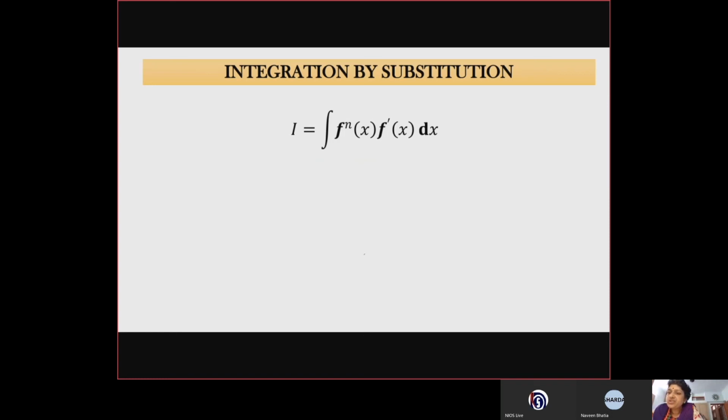Is there a function whose derivative is also present in that question? For example, in this question, this is f to the power of n x, means it is f(x) whole to the power of n. And f dash x is nothing but the derivative of f(x).